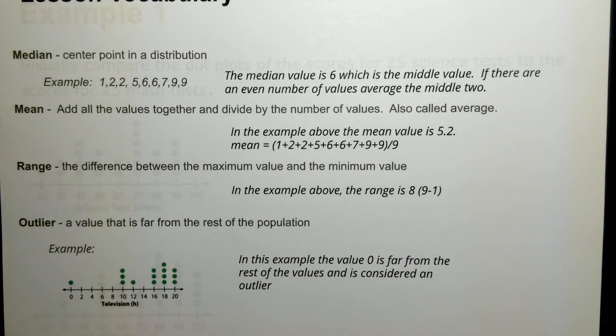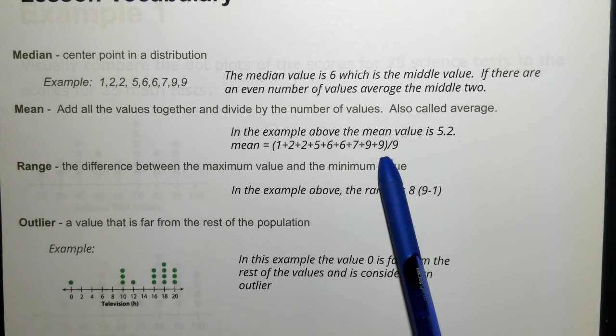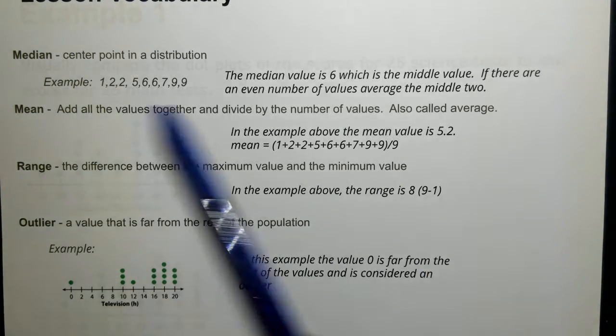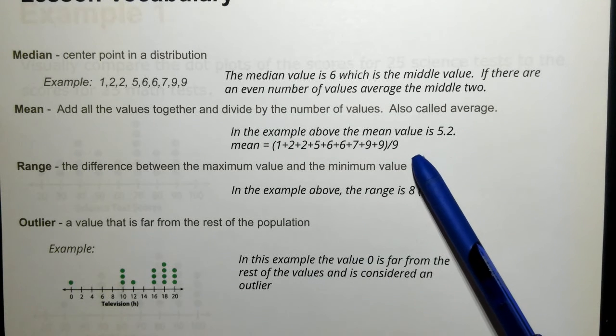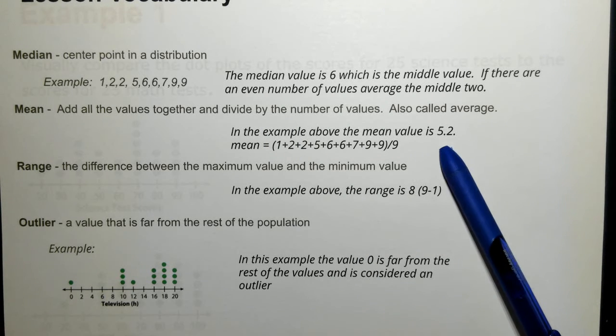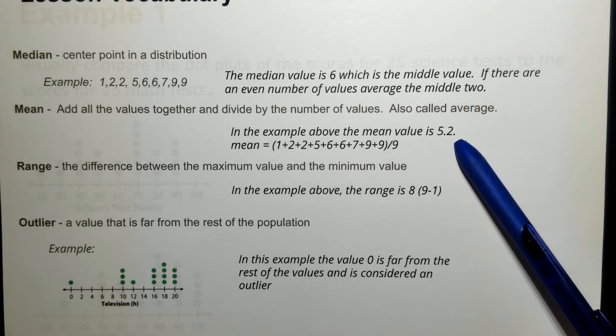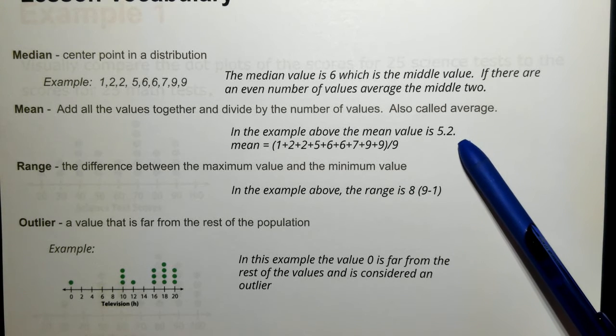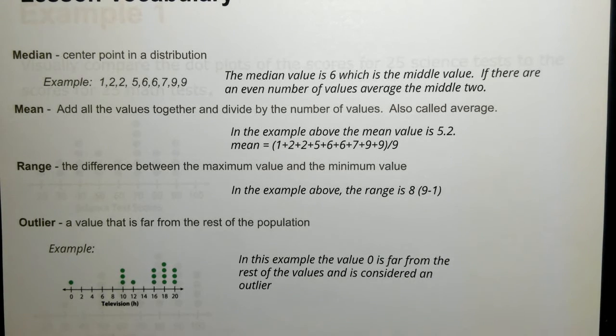Let's see if that's right. Let's try that one more time. Yeah, so 47, if we add all these together, we get 47, and then because there are 9 different numbers, we divide that by 9, we get 5.2. So the median was 6, and the average was 5.2. The two numbers are not that different.